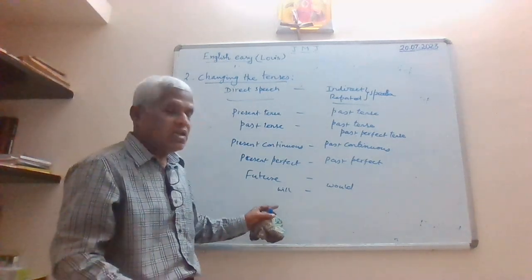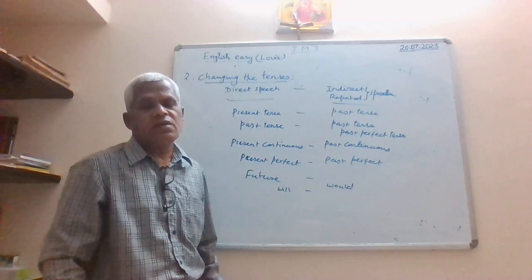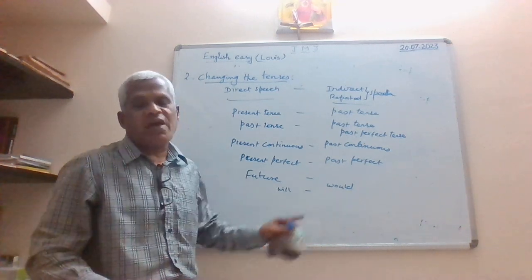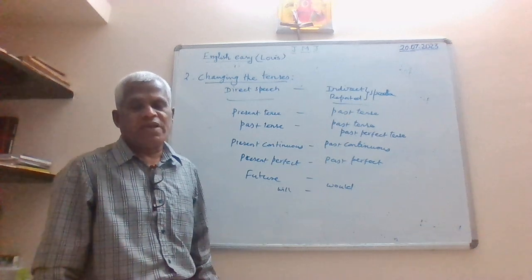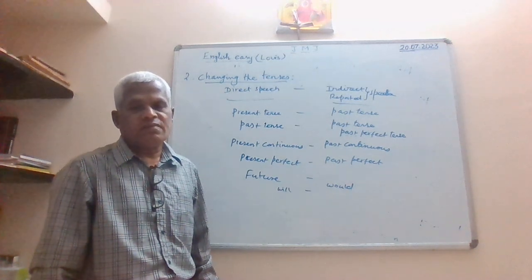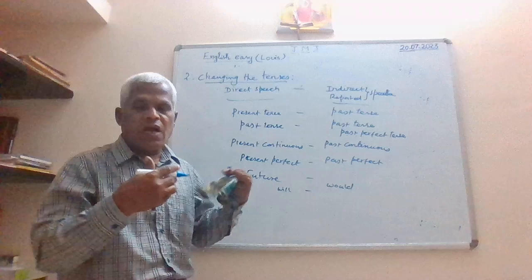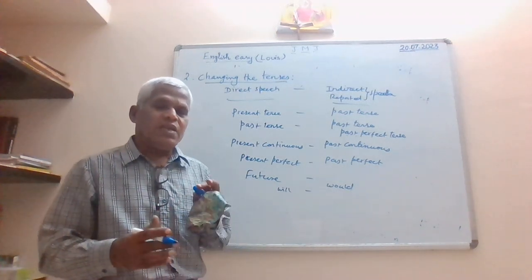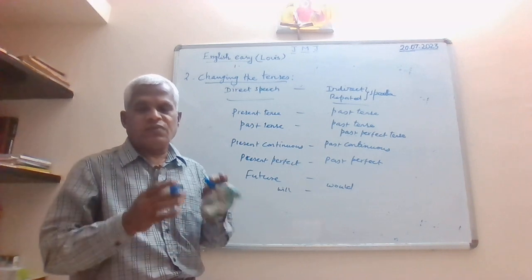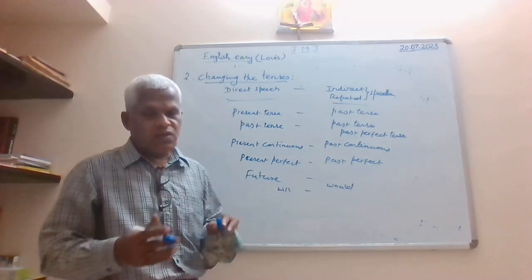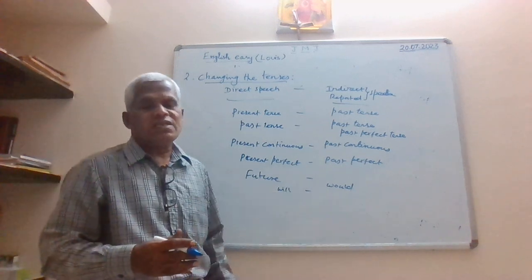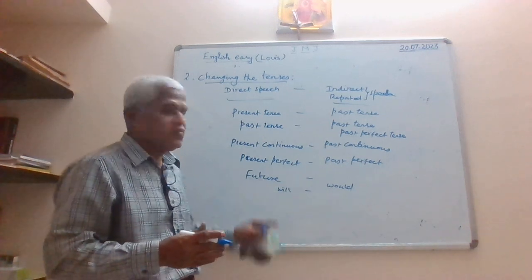Can can also be considered as future. Can becomes could. When you say I will come, in change you can say he would come. So will becomes would, can becomes could. These are some of the changes you can think of for future.